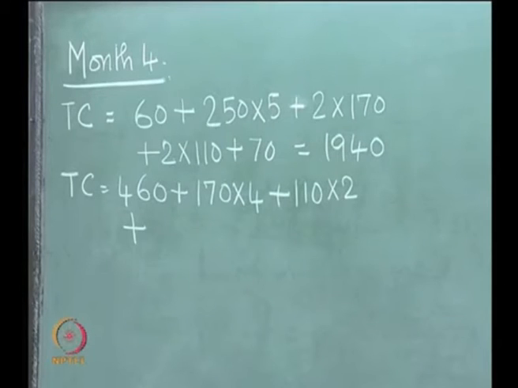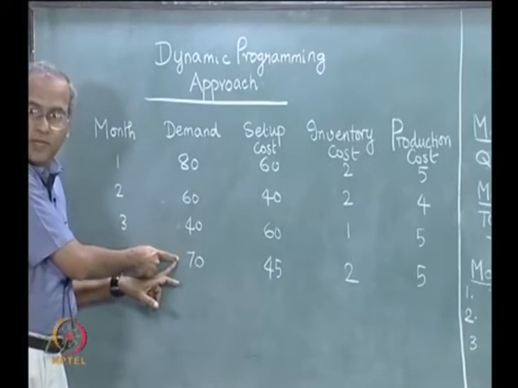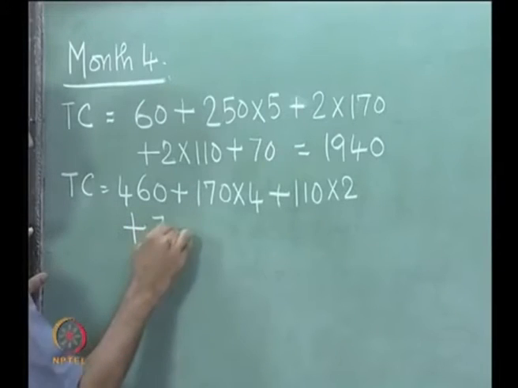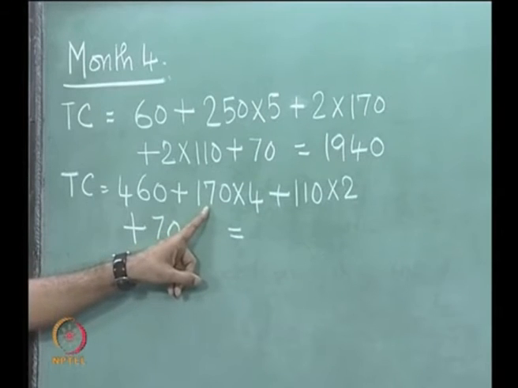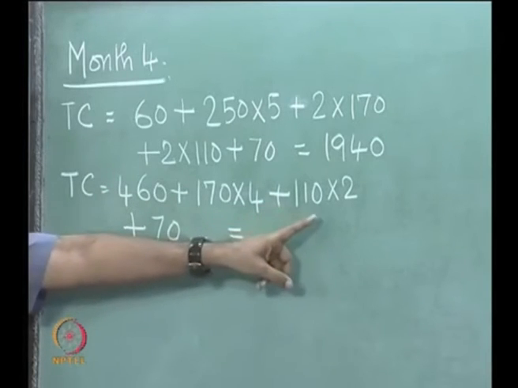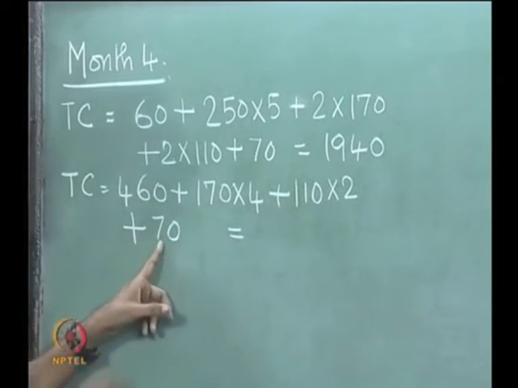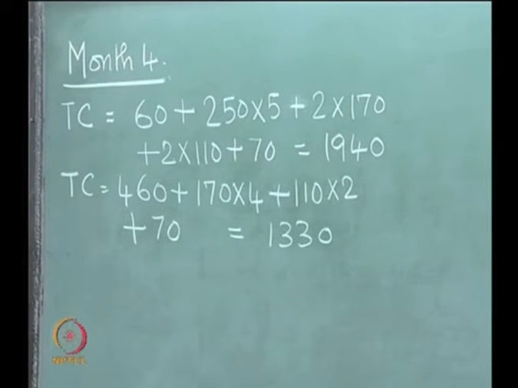Now, out of the 110 that is carried, 40 is consumed, 70 goes to the fourth period. So, 70 into carrying cost of 1, 70, and this gives us a total cost of, this is 680, 740, 1140, 1160, 1260, 1330. So, the total cost is 1330.